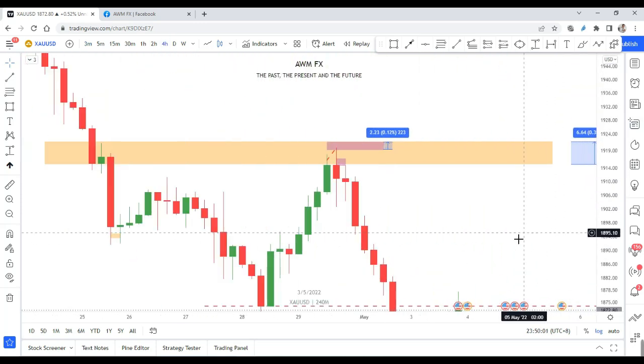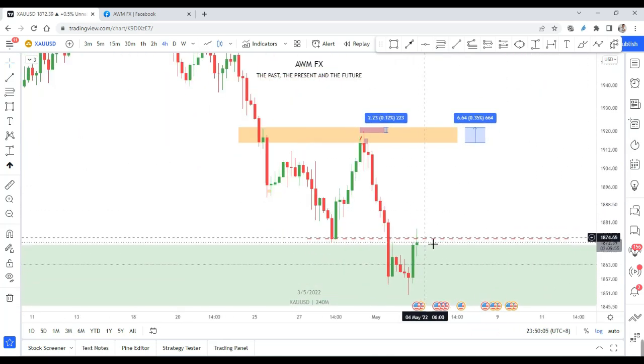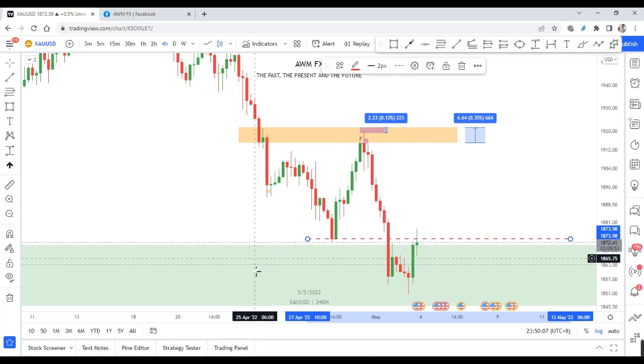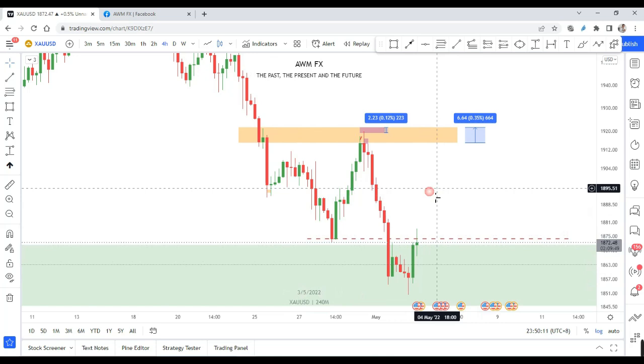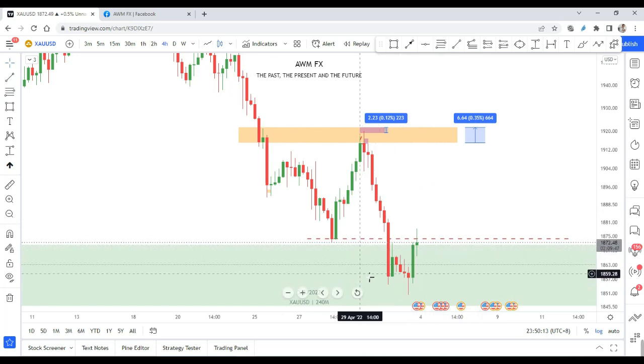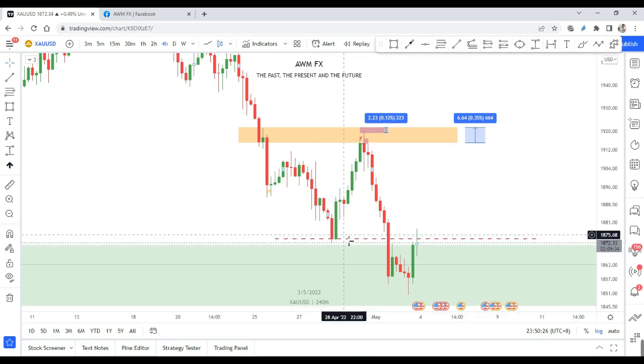So the next thing we'll talk about is how you're going to exit the trade. First of all, I told you guys, this is a strong demand zone. So in order to exit the trade, I usually don't go deep into the zone. I will exit a few pips above. And exactly here, we have a previous low, which serves as a support, and price sometimes does have a tendency of rejecting over here.